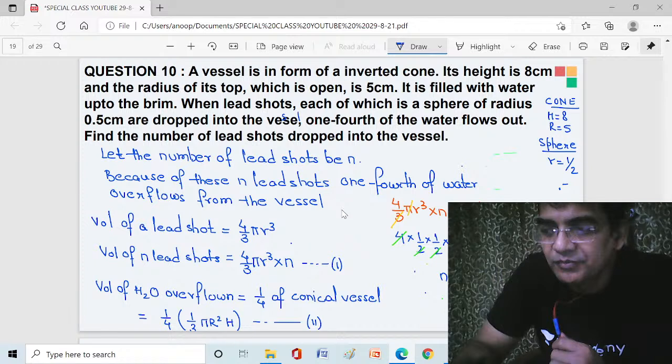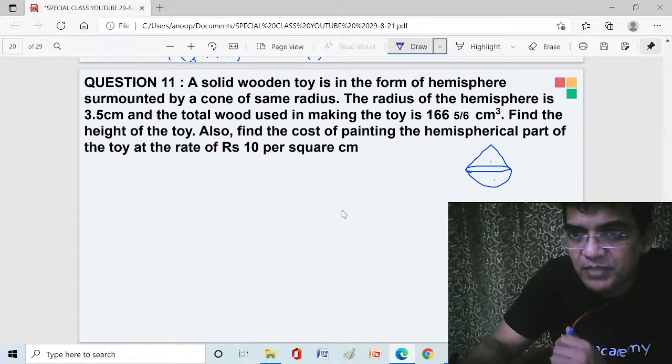So let's consider this as a hemisphere surmounted by a cone, and then we have a cone above it. Now as these two figures are surmounted, the radius will be the same. So the radius given is 3.5 centimeter. So the radius for the cone as well as the hemisphere will be the same. So the common radius is 3.5, that means 7 by 2 centimeter.